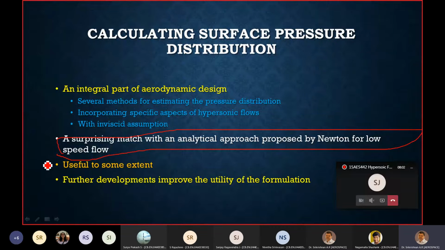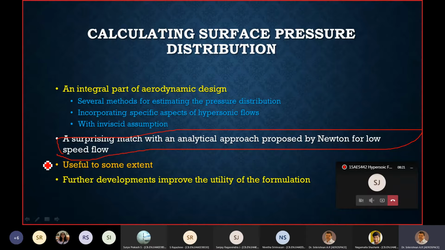I don't know whether even the velocity of sound as a fluid flow parameter was visualized at that point of time. Anyway, that's immaterial. But the theory that he proposed for regular fluid flows has a surprising application in hypersonic flow.